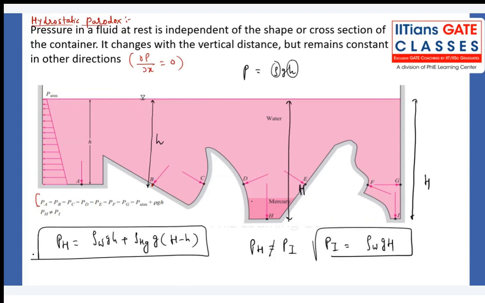Irrespective of the shape of the container, they are unequal because the liquid changes. So the pressure value at a particular horizontal level will be the same for all points at that level, equal to rho gh.